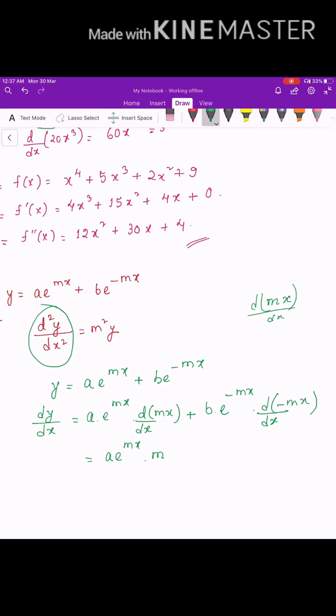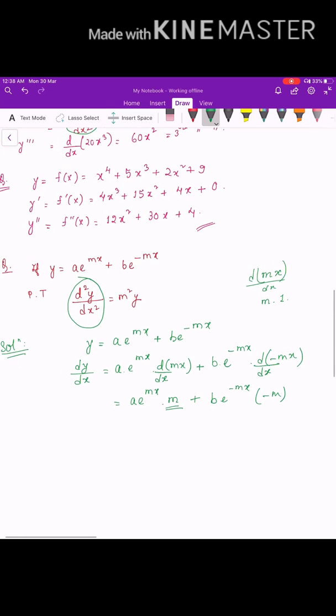So as the rule says, constant will come out. If I differentiate x with respect to x, what do I get? 1. So b into e to the power minus mx into minus m. So this is my dy by dx, right?